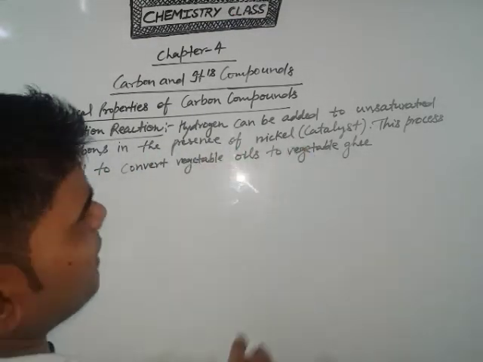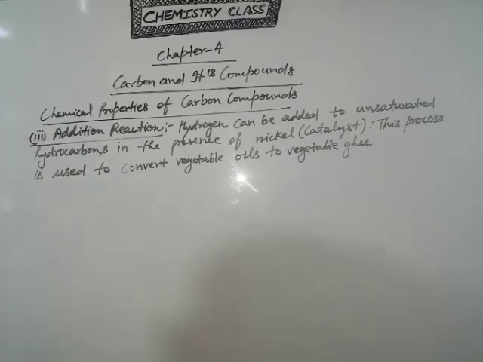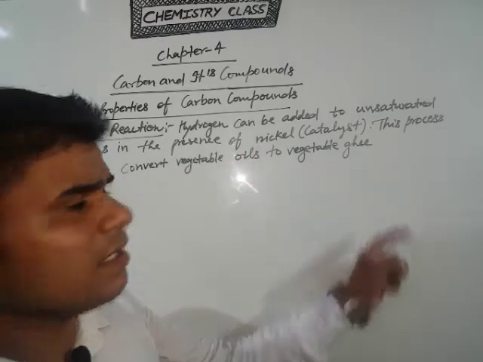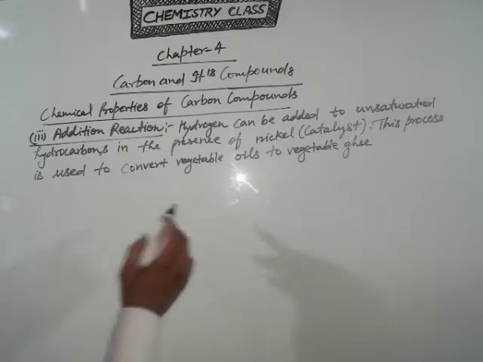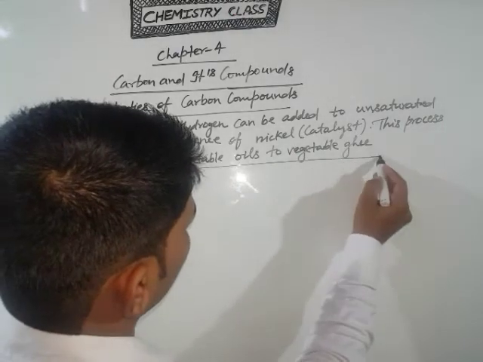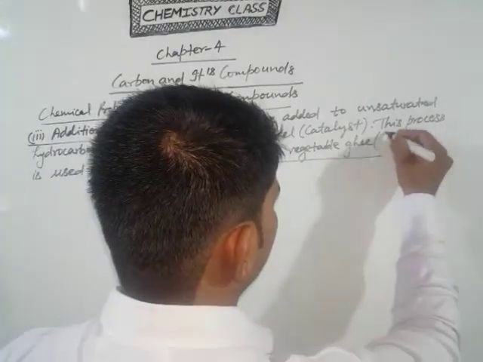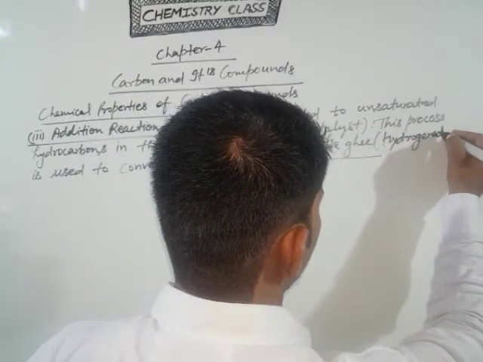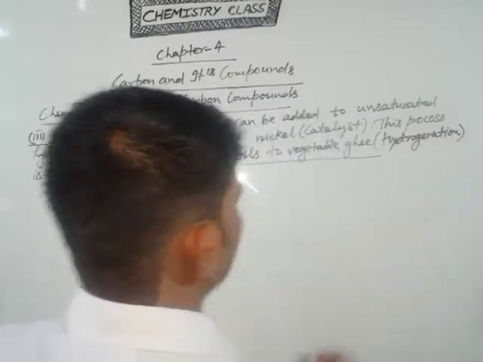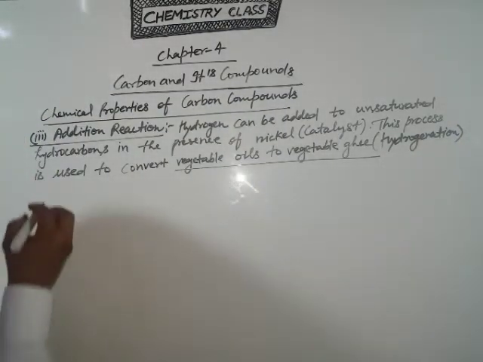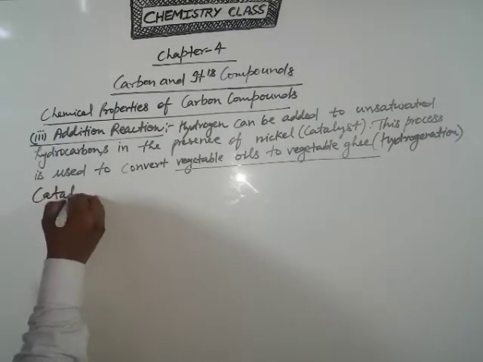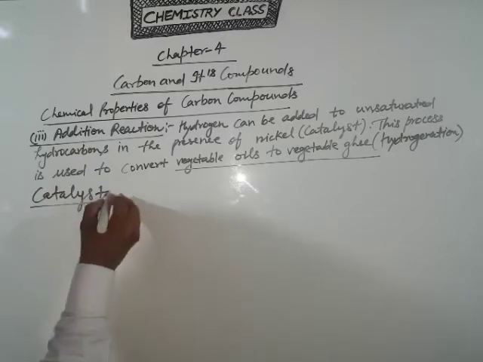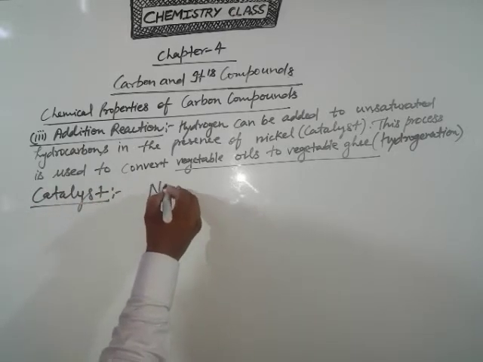Hydrogen can be added to unsaturated hydrocarbons in the presence of a nickel catalyst. The process is used to convert vegetable oils to vegetable ghee. This reaction is also known as the hydrogenation reaction. Clear? And the catalyst is like nickel.